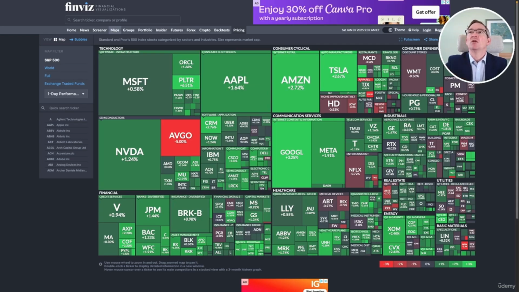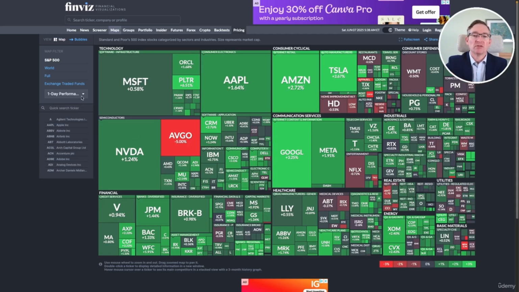So you want to look at whether financials, industrials, and consumer discretionary are also green. Then you're thinking, okay, that's a strong, broad-based, likely healthier rally.